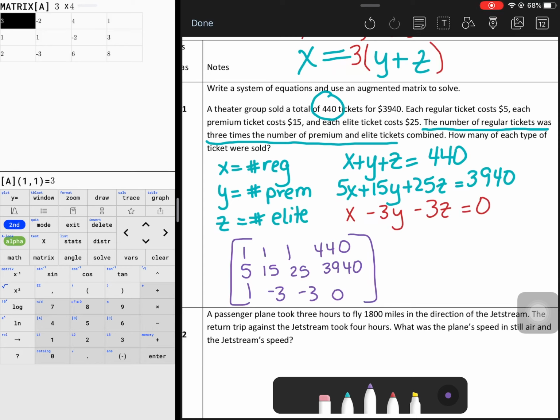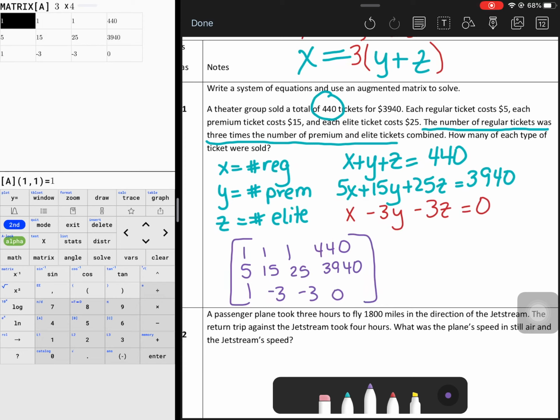And now we need to enter the values of our matrix into the calculator.